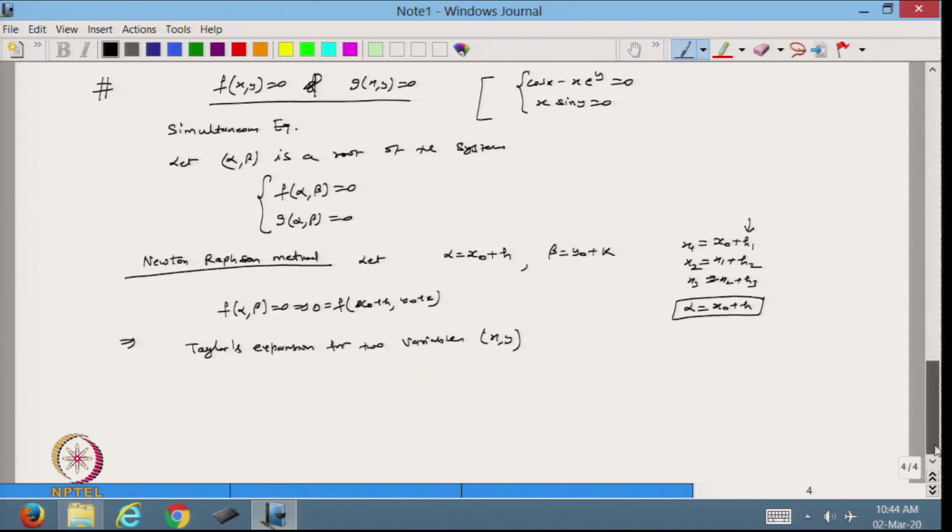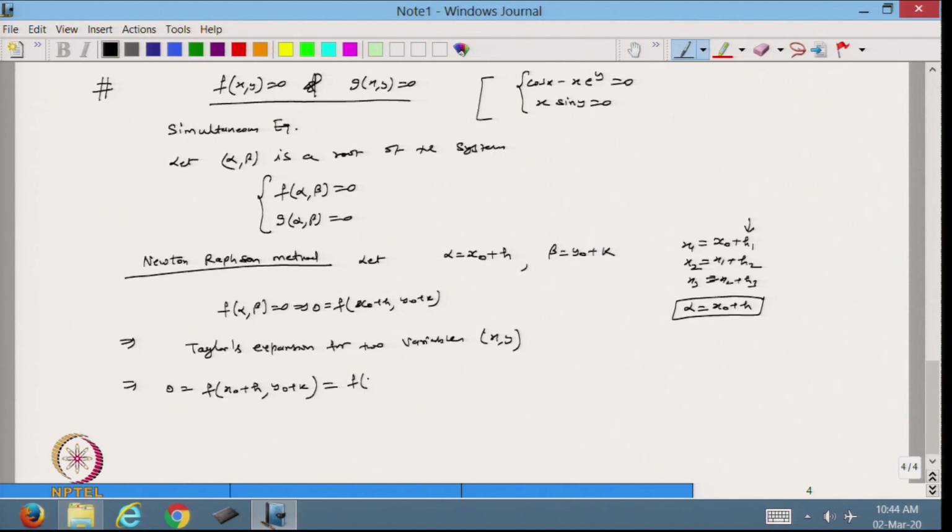So, how can we do that? This is equal to 0, f of x0 plus h and y0 plus k. I am expanding this Taylor expansion about the initial guess, that is x0 and y0.